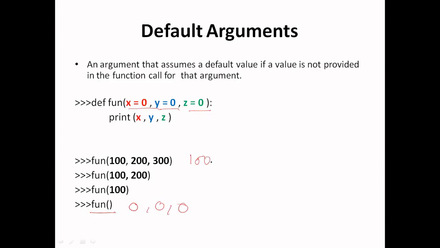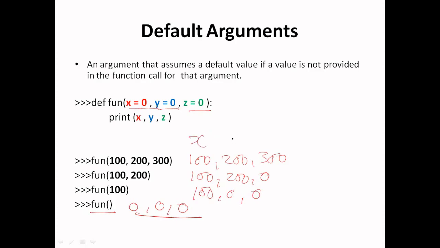So in the first case we will get the answer 100, 200 and 300, in the second case 100, 200 and 0, in the third case 100, 0 and 0, and finally 0, 0 and 0.